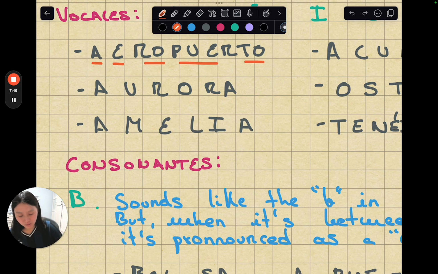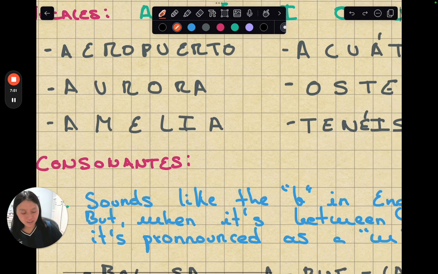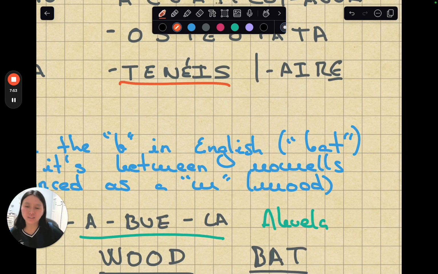It's interesting because I don't know why you guys have a lot of problems with this word, tenéis, which means you have, like you people have. For some reason, you always read tenéis. You know why? Because again, you're not reading letter by letter. You're just reading the word as a whole. And you read the E and the I together, and you're like, okay, it's going to be an E, so tenéis.